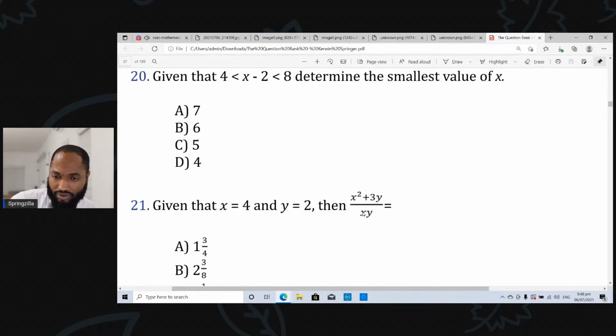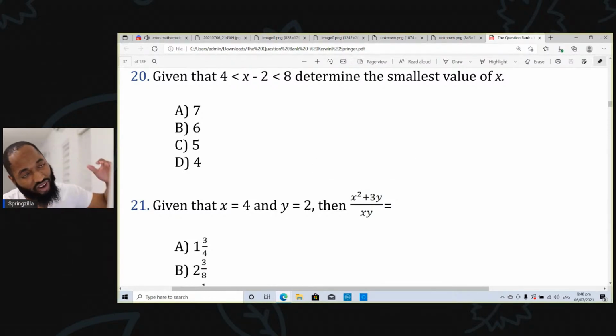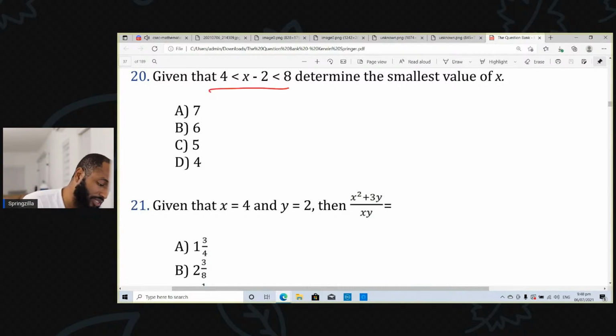Given that... determining the smallest value, this is popular as well. In the question bank, I try to do all the different styles of each question that come. So sometimes this style comes. Given that 4 is less than x minus 2, the smallest value of x, let's rearrange this.